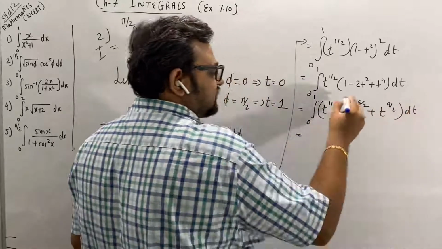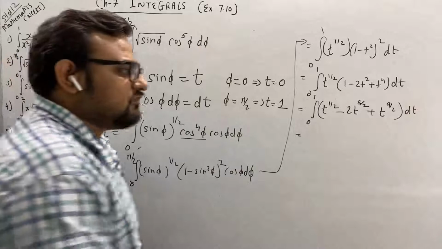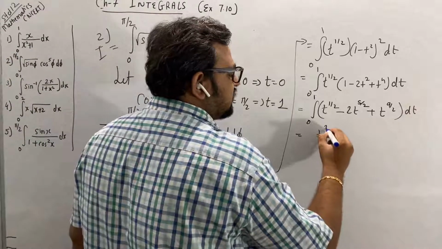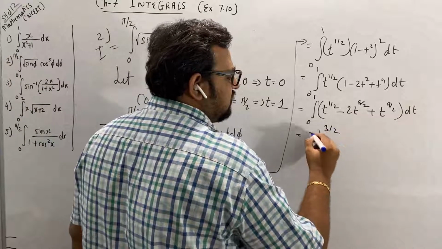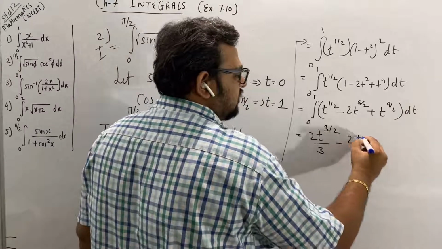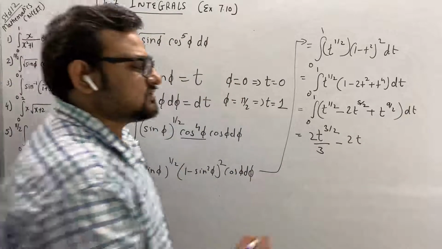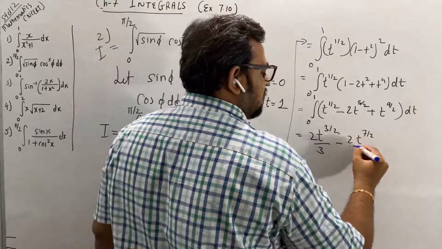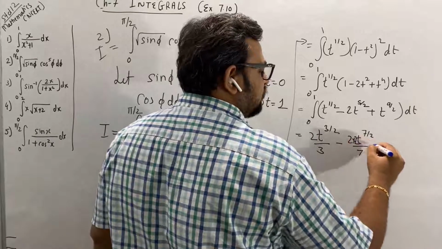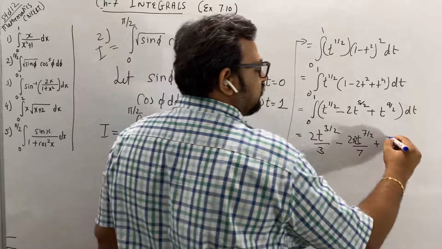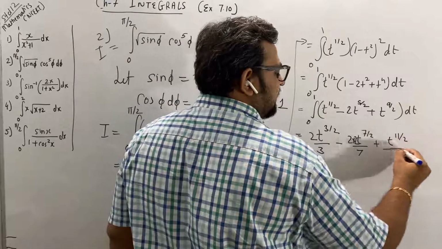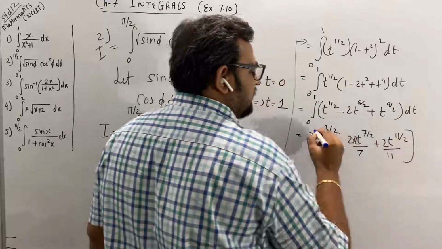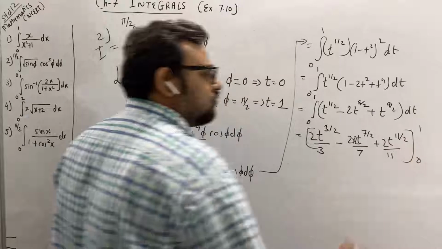So this will be t raised to 1 by 2 plus 1 upon 1 by 2 plus 1, that is 3 by 2, upon 3 by 2. 5 by 2 plus 1, 7 by 2 upon 7 by 2. And 9 by 2 plus 1, 11 by 2 upon 11 by 2, from 0 to 1.